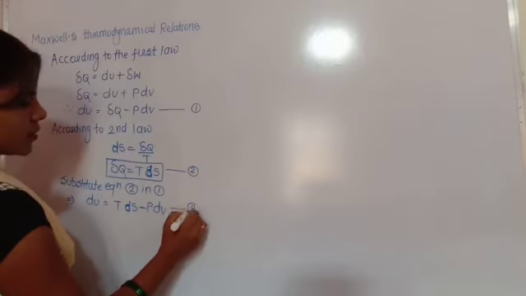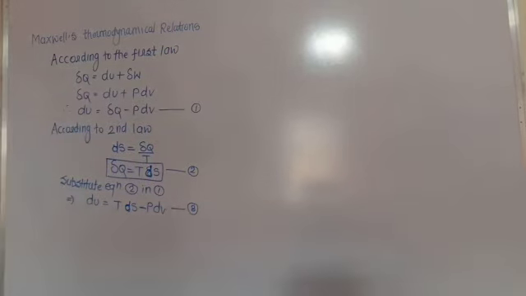We write T dS here because we want to use entropy, so we take the perfect differential dS. This is the third equation: dU is equal to T dS minus P dV.